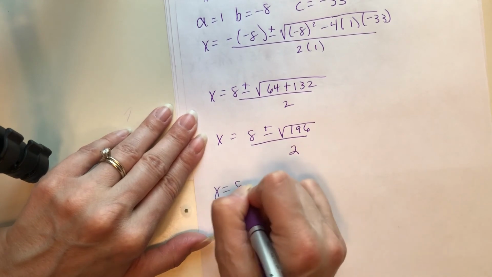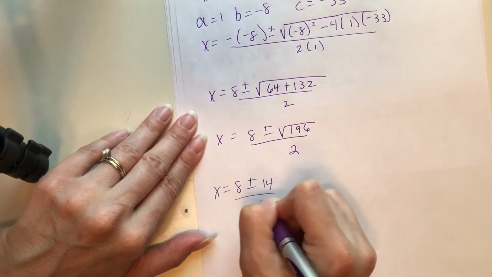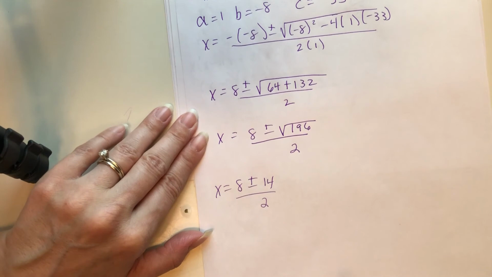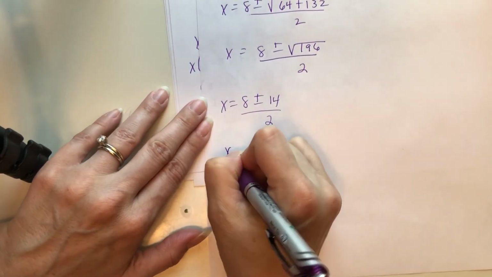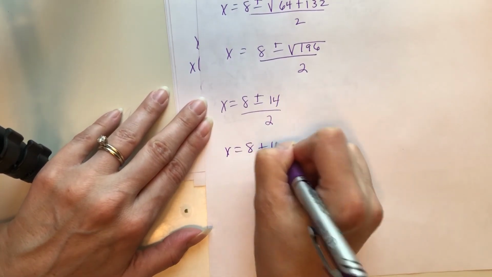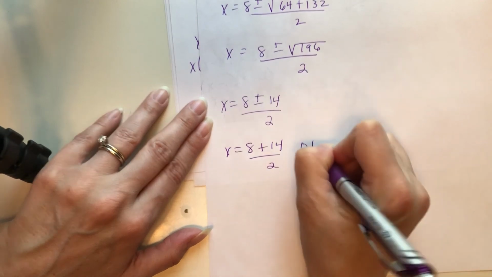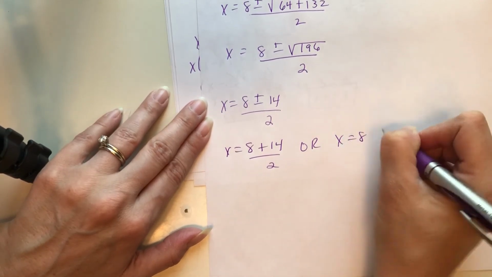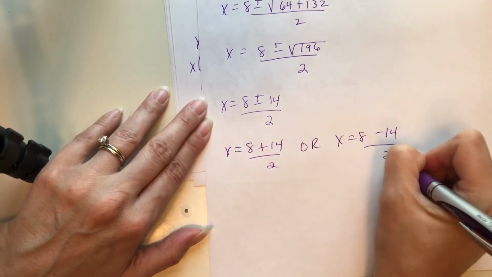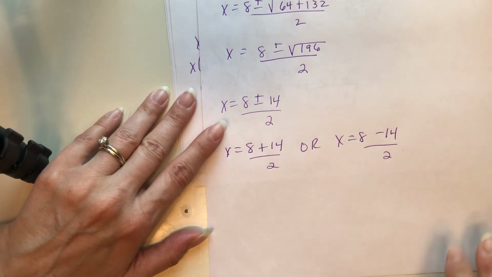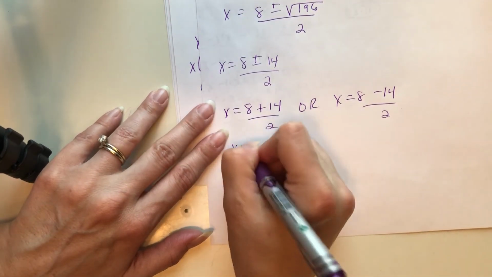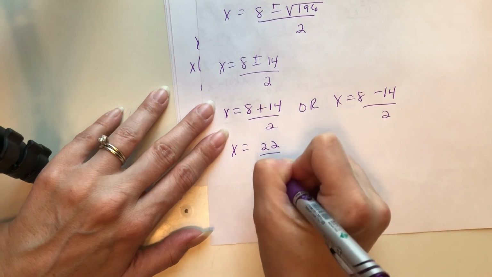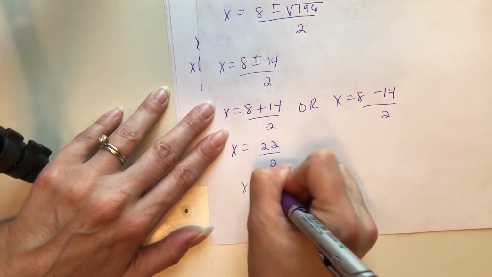So x equals 8 plus or minus 14 over 2. All right, now we're going to break this up into 2 separate parts. So x equals 8 plus 14 over 2, or x equals 8 minus 14 over 2. 8 plus 14 is 22. 22 divided by 2 is 11.